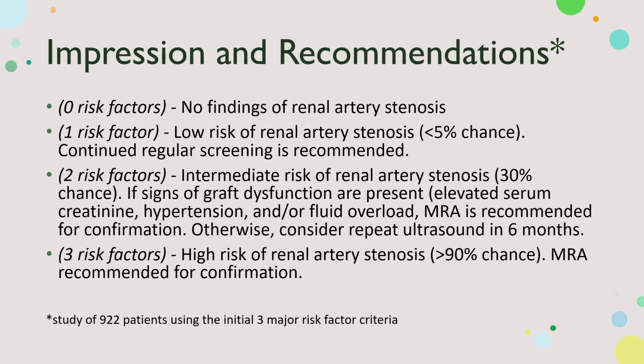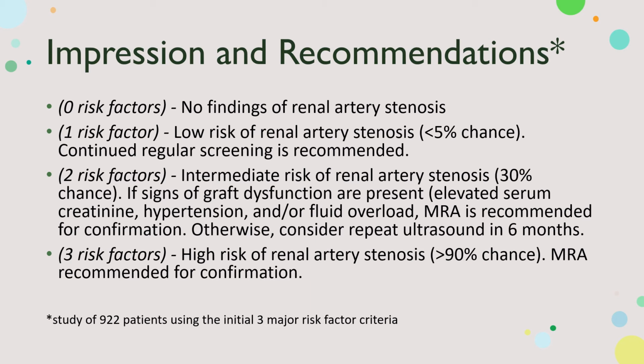So Mayo took that information and expanded upon it over the next several years. And so what they did was they published a study of 922 patients retrospectively, and they found that those that had one risk factor had about a less than 5% chance of actually having renal artery stenosis. The intermediate risk was then stratified to about 30% chance.